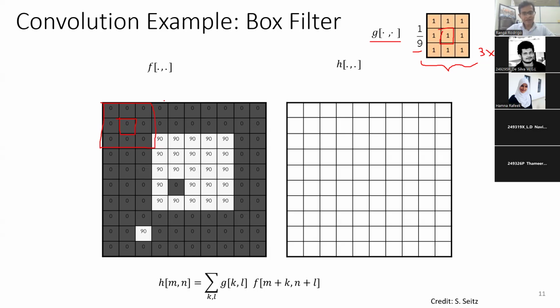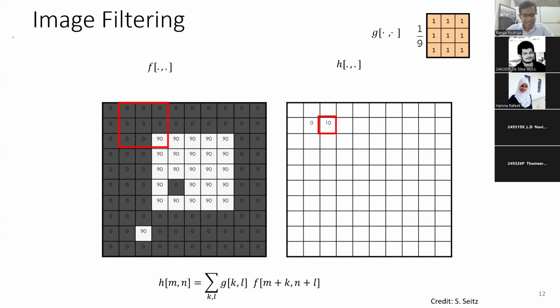So in this position, all are zeros. Therefore, the resulting value will be 0. Then we move the kernel to the next pixel. Now the center of the kernel is here. You can see there is a 90 over there, and this 90 will be multiplied by the value of the kernel, that is 1/9.